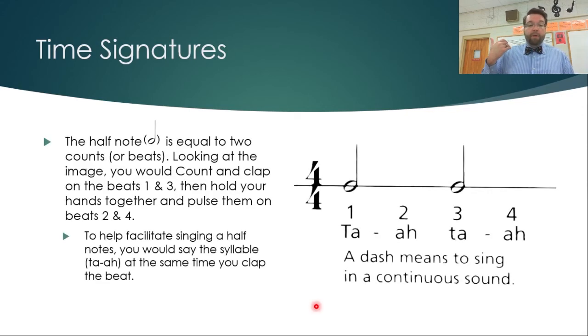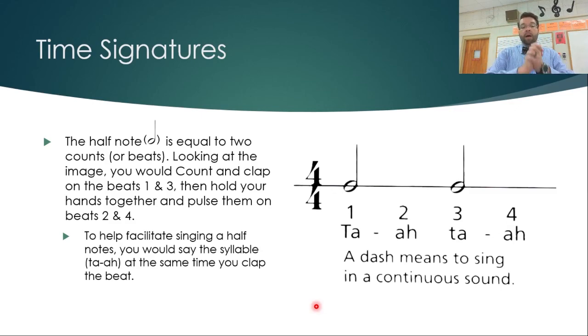Now for half notes, you would say ta on the downbeat, which is the strong beat or the weak beat, whichever beat reiterates the pitch. So in this case, for the half notes, you would say ta, ta. You would hold that vowel because you're holding that pitch. Now if we were to sing this, it would sound like this.